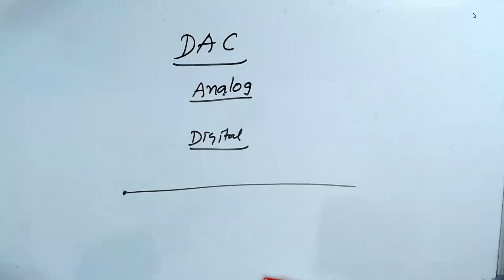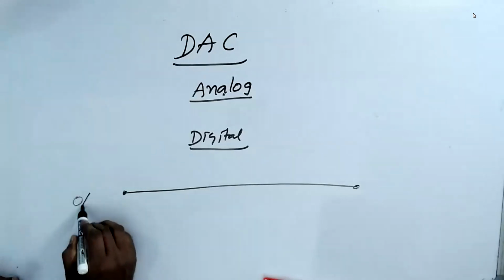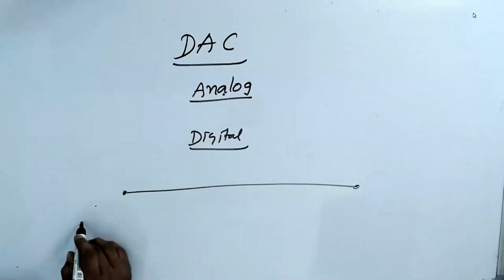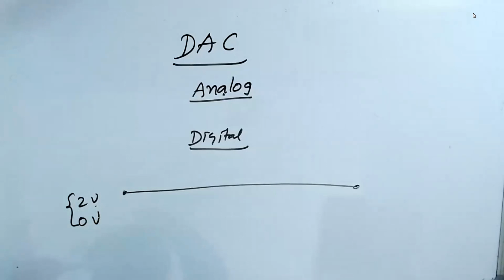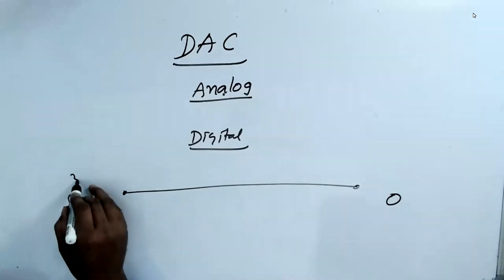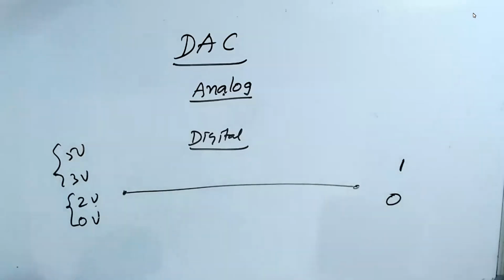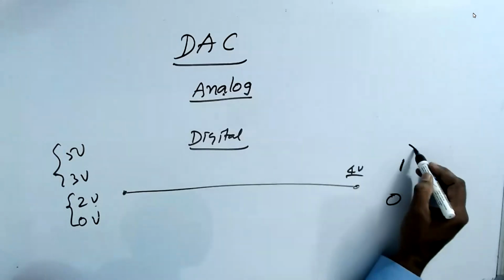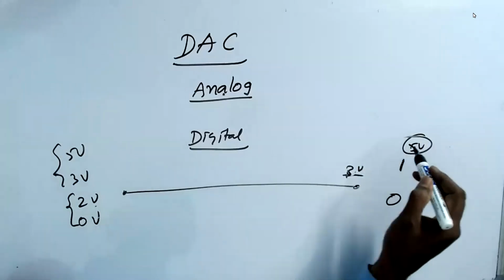But in digital, it's quite simple. I have only two levels, 0 or 1. If I give 0 volt up to 2 volts, assuming, that is considered 0. If I have 3 volts up to 5 volts, it's considered 1. Only two levels. So if the receiver gets 4 volts, he will assume it's 5 volts. He will make a correction. If he receives 3 volts, he assumes it to be 5 volts.